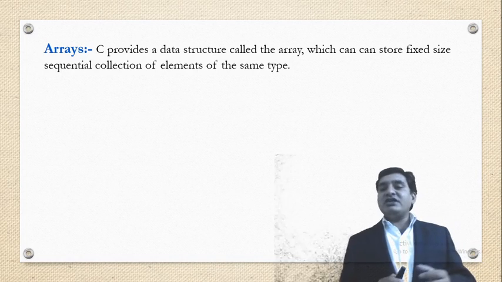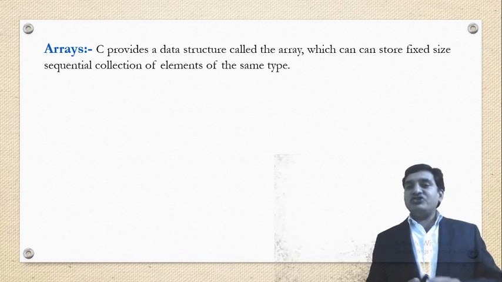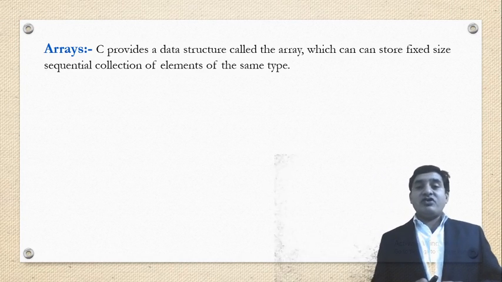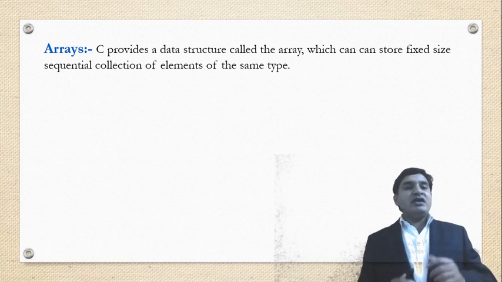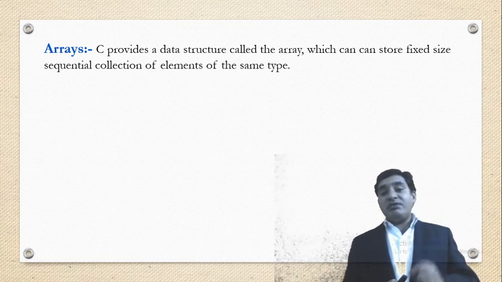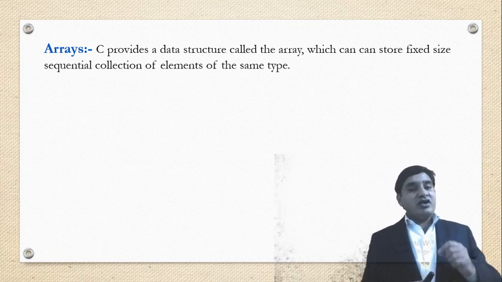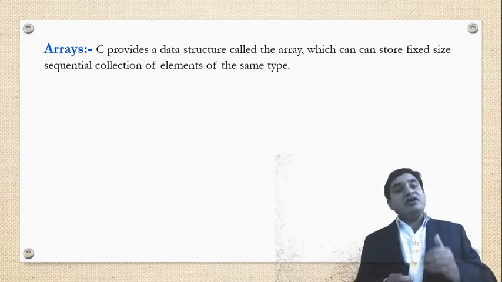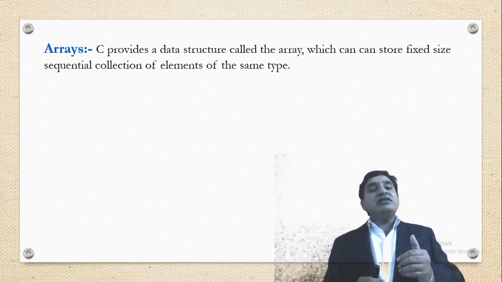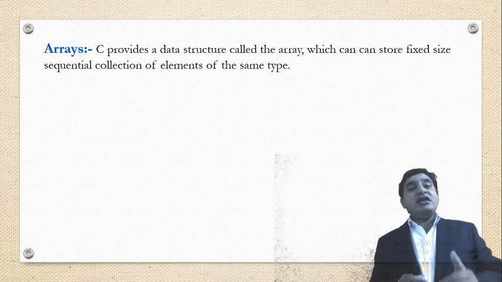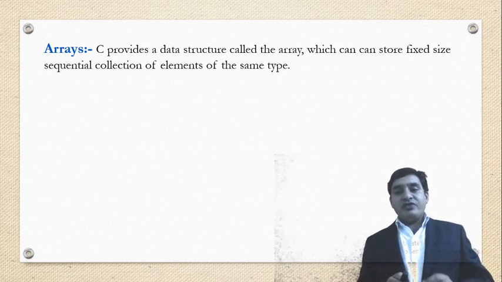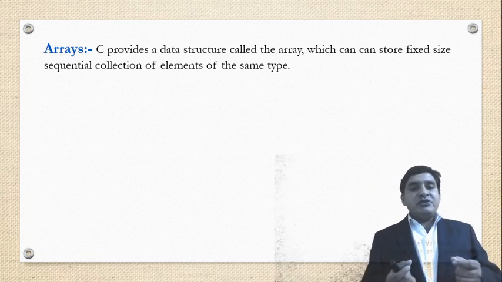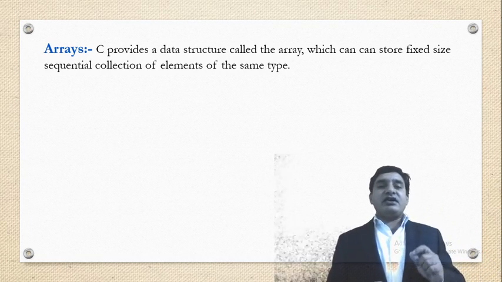C provides a data structure called array which can store a fixed-size sequential collection of elements of the same type. The elements are variables of the same type, and the array represents the sequential collection.